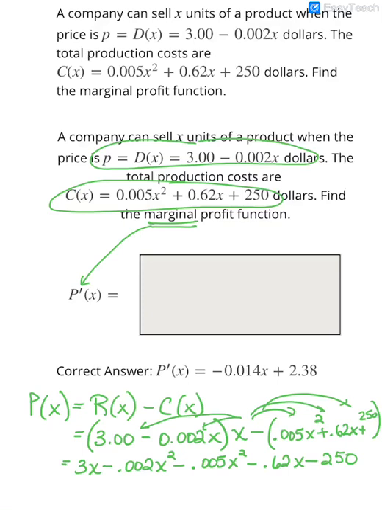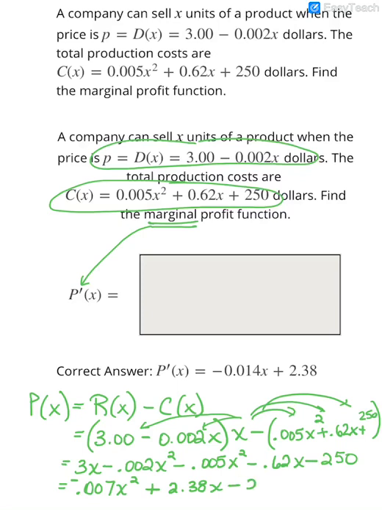All right, so if I now combine my like terms, let's put the x squareds up front. We have a 0.007 times x squared, and it is negative. And then we have a 3x minus a 0.62x, so that's actually going to leave me with a positive 2.38 times x.